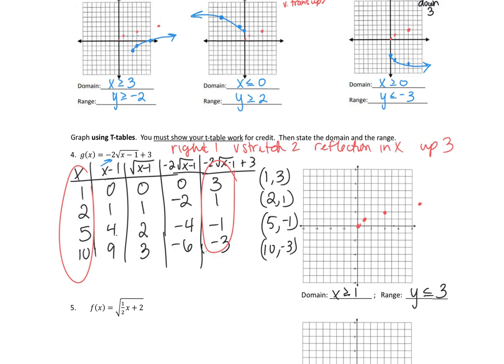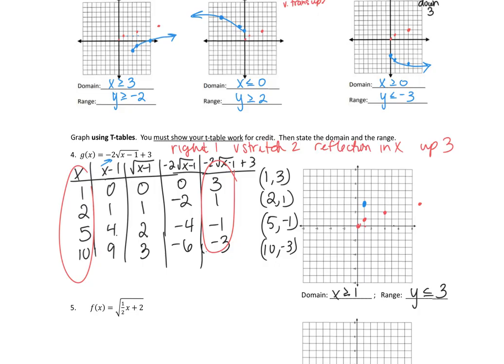And I have to do it in that order. So 0, 0 is going to move over to the right 1. When I stretch by 2, that means I multiply the y value by 2. Well, the y value is 0, and 0 times 2 is still 0. When I reflect 0 in the x-axis, it stays at 0, and then I move this one up 3.